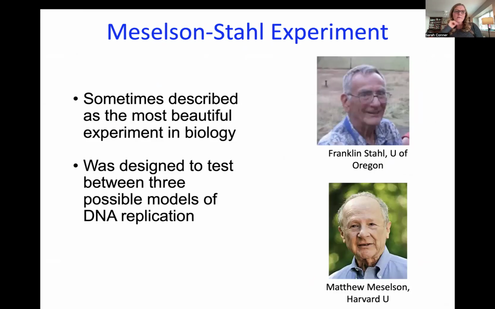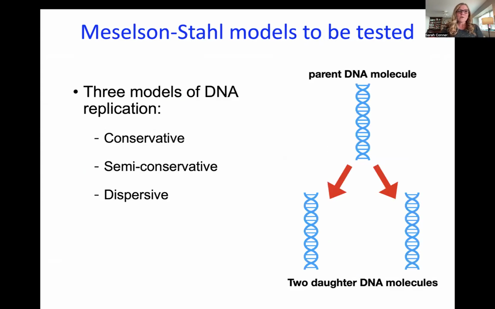So one of the research pieces, the Meselson and Stahl experiment, was looking at how DNA actually replicates, which model it follows. So they designed this test in order to determine 3 possible models of DNA replication. They were looking at conservative, semi-conservative and dispersive. So we have a parent DNA molecule, and they wanted to figure out how 2 DNA molecules came out of the parent.